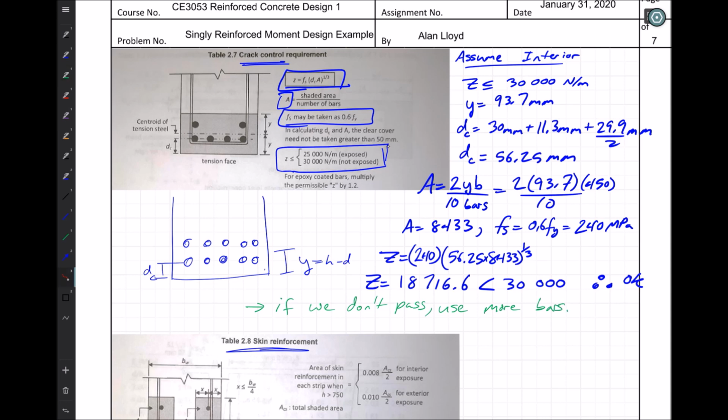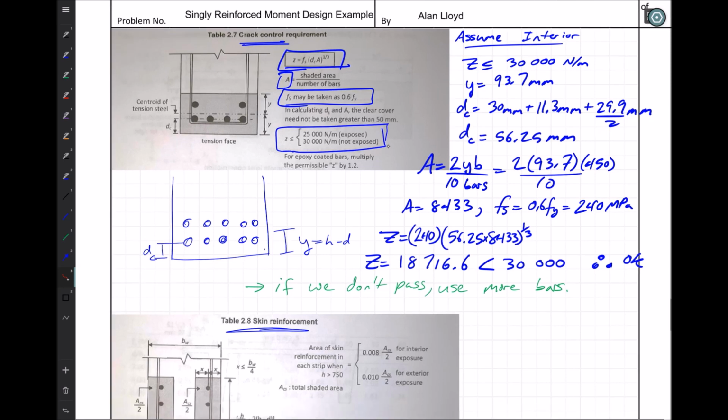So instead of using 10 of 30 M bars, we would use the equivalent amount of 25 M bars to increase the number in the denominator of A, which would give me a smaller value of Z. And this is what I was worried about with those 35 M bars, that if instead of having 10, we threw in 6 bars or whatever it was, we would have possibly had an issue with passing this.